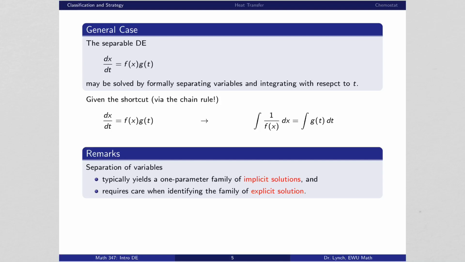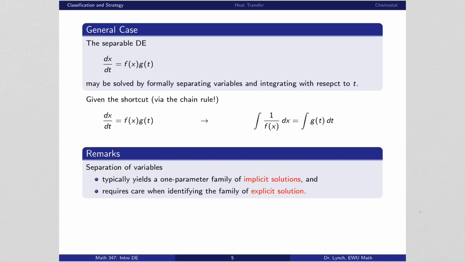Okay, I'll make a couple comments here. Typically, separation of variables yields a one-parameter family of implicit solutions. So given that we can find these two antiderivatives, usually we won't have an explicit formula for x as a function of t.